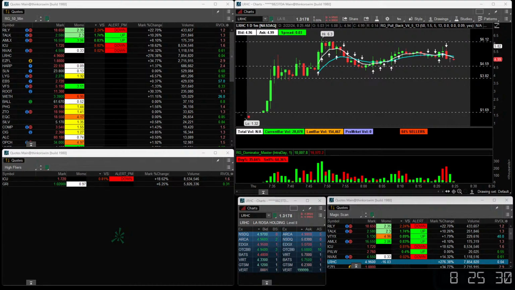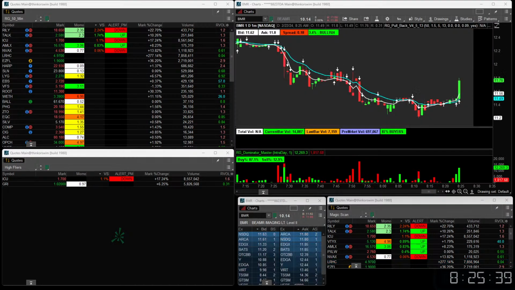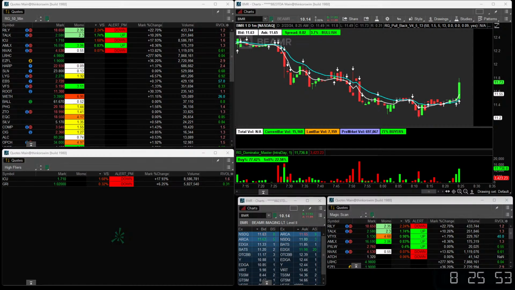It's not doing much either. BMR kind of got a nose up in the air here. Down below VWAP, may go up to VWAP.